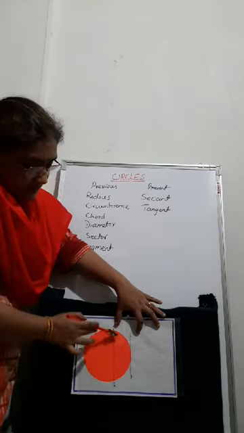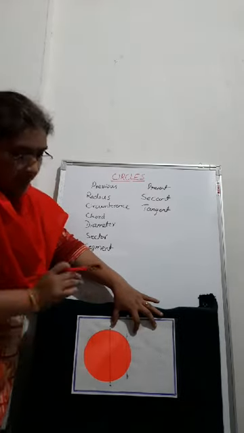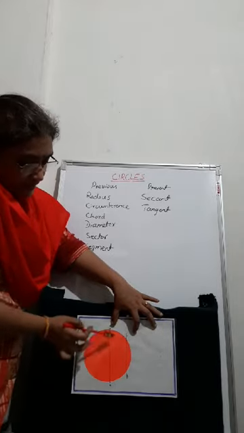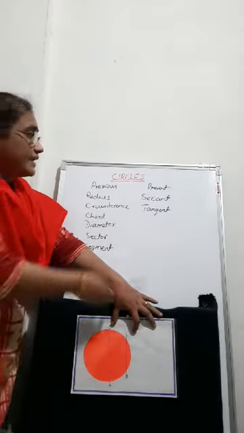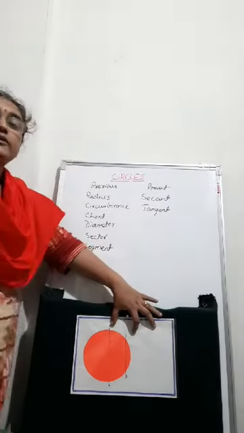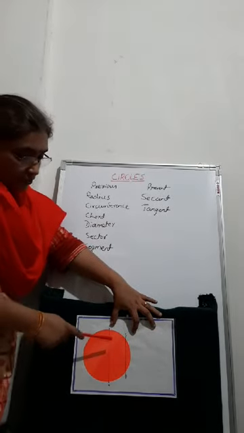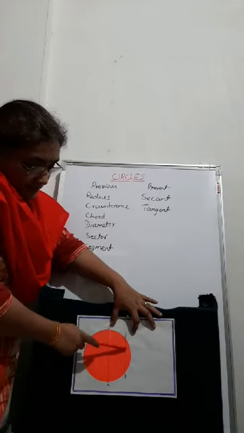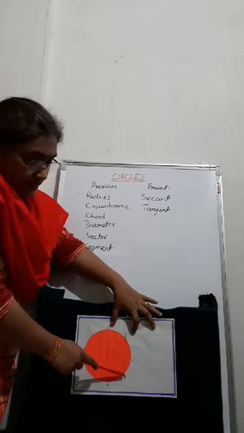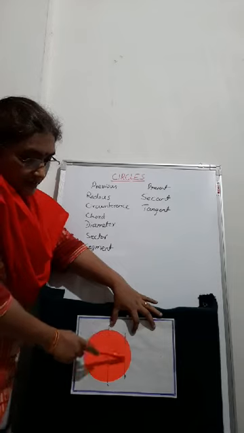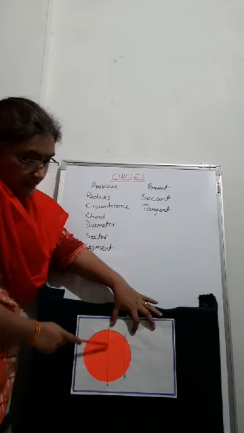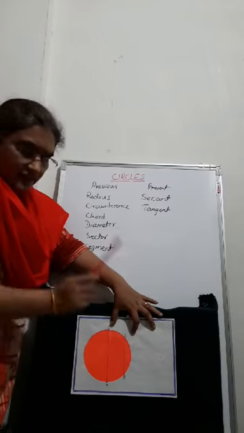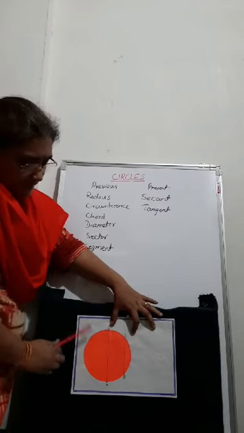This line, if I again move this line, see this, these two lines are called secant. So secant is the line which goes along with intersecting the circumference of the circle at 2 points. So it is intersecting, it is not stopped there, it is intersecting.